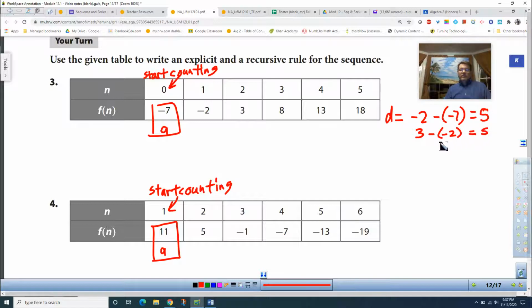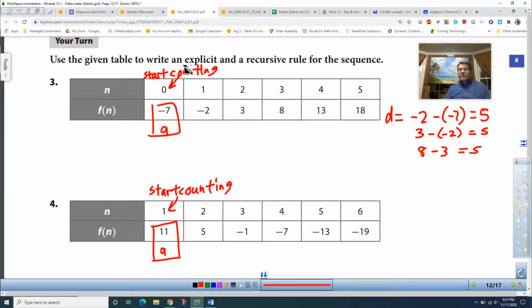That's definitely 5. And then you got 8 minus 3 equals 5. Just a little hint: why don't you just start at 8 minus 3 and 13 minus 8 and skip all the negative stuff? Because if it's a common difference, you can start anywhere because it's always going to be the same. And so you're going to plug in 5 for your D, negative 7 for the A.